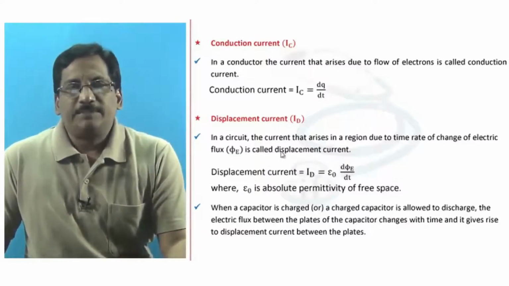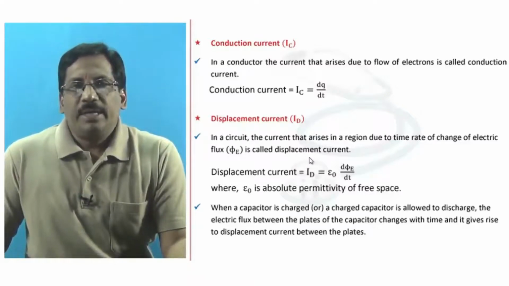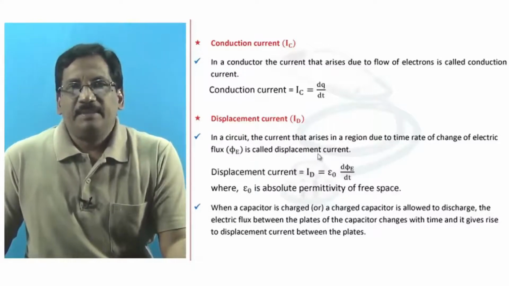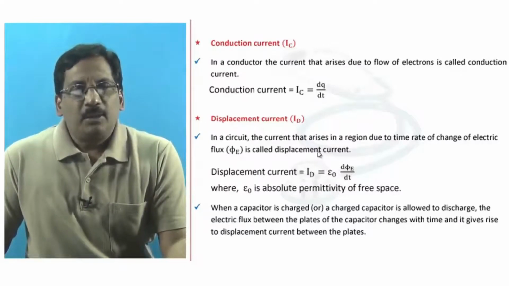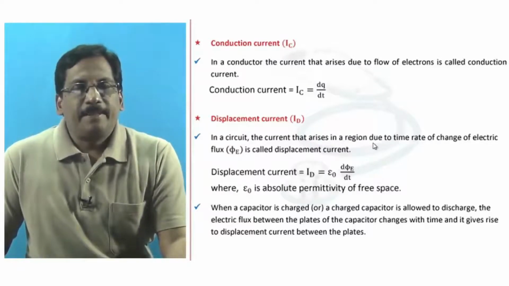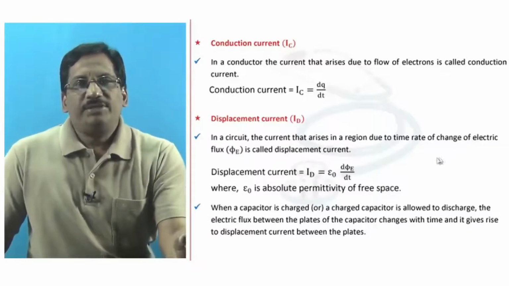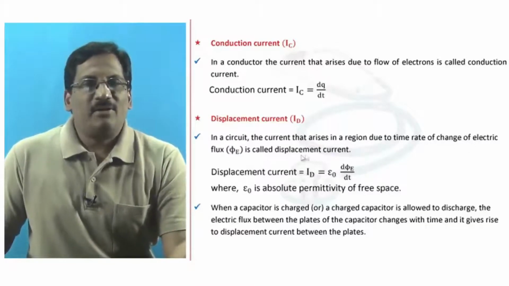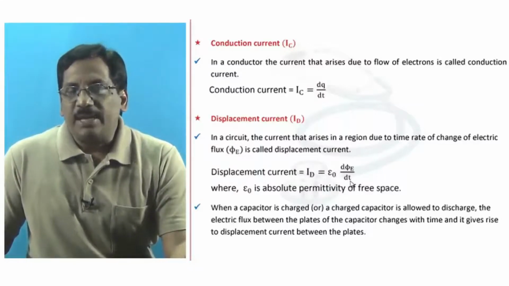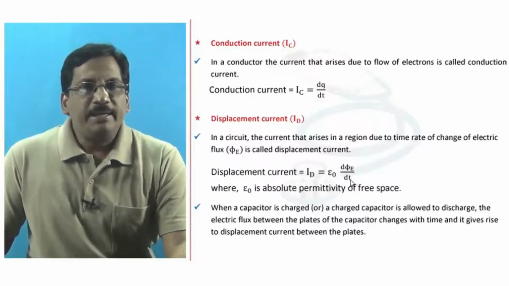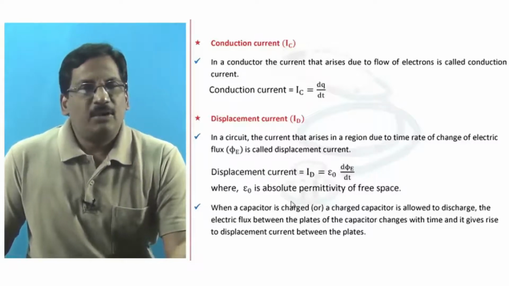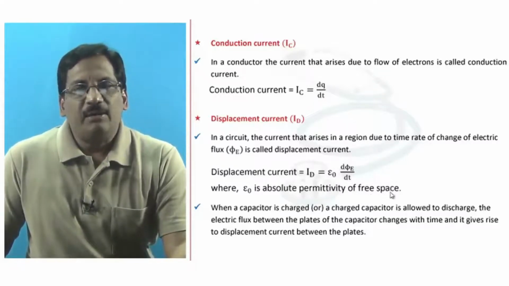So in a circuit, especially when an element like a capacitor is present, the current that arises in a region due to time rate of change of electric flux is called displacement current, and it is given by I suffix d equal to epsilon naught into d by dt of electric flux denoted by phi suffix e. Here epsilon naught is absolute permittivity of the free space.